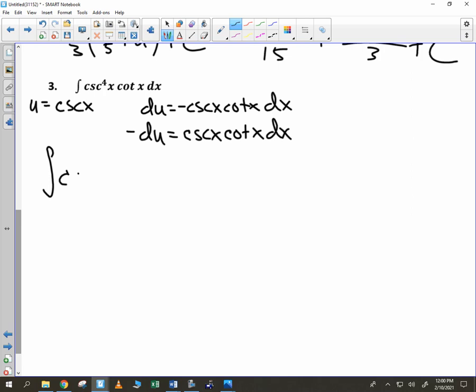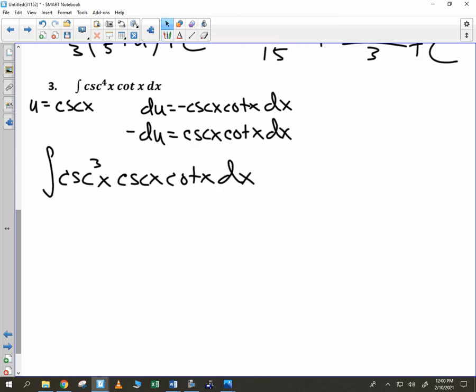Good. So there are 4 cosecants being multiplied. I'm going to write 3 of them being multiplied, and put the other one here. Same expression, right? Now it matches up perfectly, doesn't it? I substitute negative du, and what do I get to get rid of?